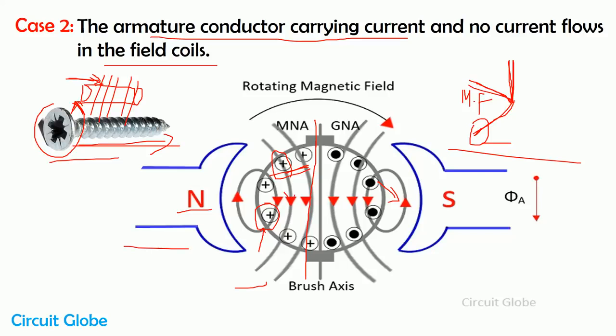Similarly, the conductors under the south pole also add their magnetic motive force, and because of it, flux is induced in the downward direction. So in short, both of these sets of conductors try to induce flux in the downward direction of the DC generator.